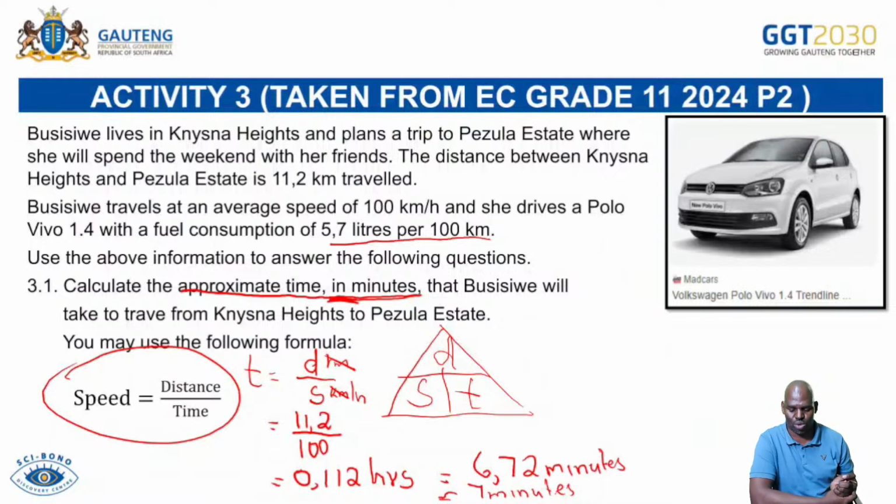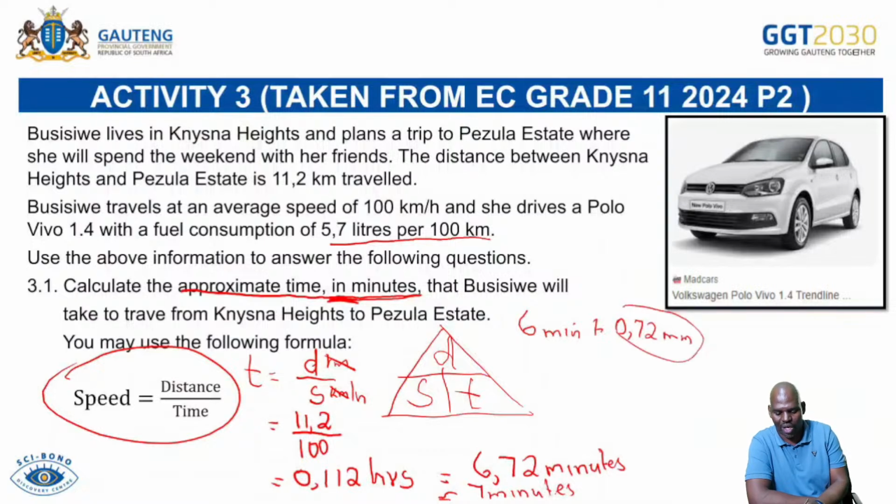If the examiner was looking for the answer in seconds, we're going to say 6 minutes plus 0,72 minutes. And this one is a fraction of a minute, so we multiply by 60.